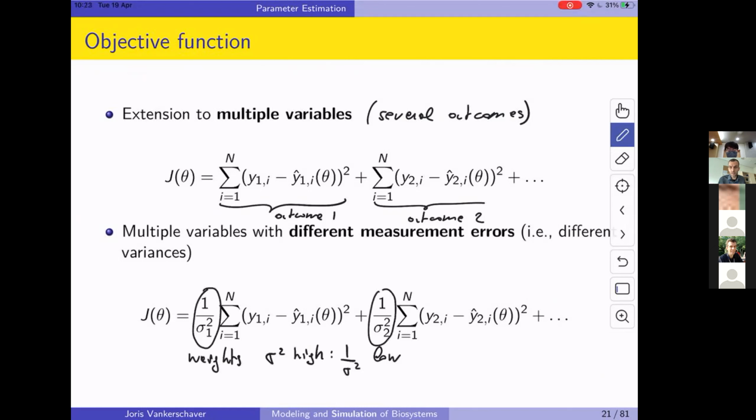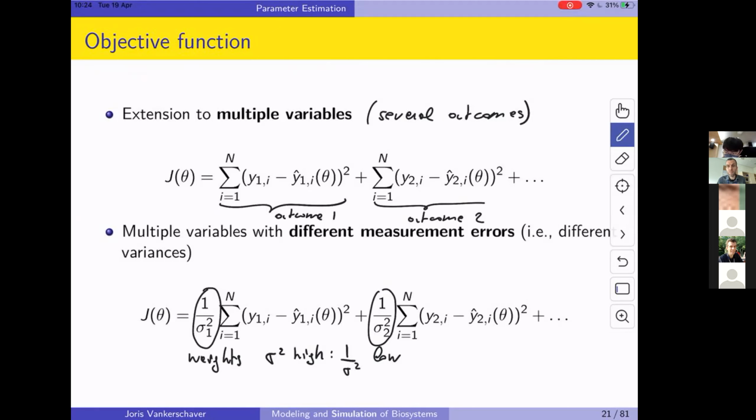So the weight is low for outcomes that are associated with high variance. Let's say, in the same example that I mentioned before, we can measure our height very accurately just by a tape ruler, up to plus or minus 1 or 2 centimeters. And let's imagine that for our weight, that's not the case.